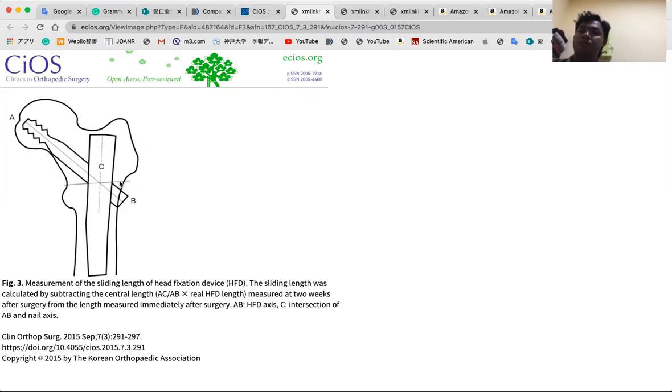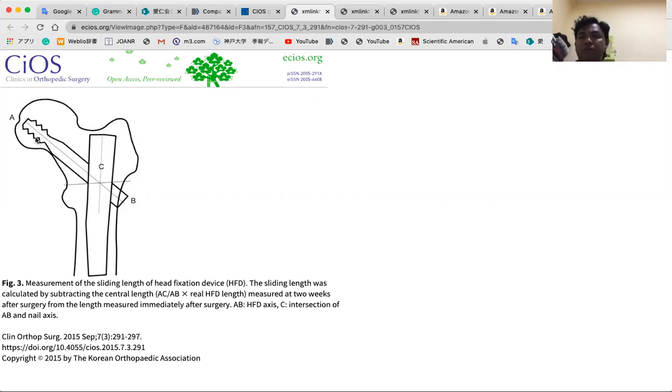This is a line from here to here, and this is the center line of the barrel of the nail or blade. And this is the cross section of the nail axis, the center line of the nail, and the center line of the lag screw. Then we calculate the ratio of this length against the total length of the screw, and then calculate this length using the real lag screw length.